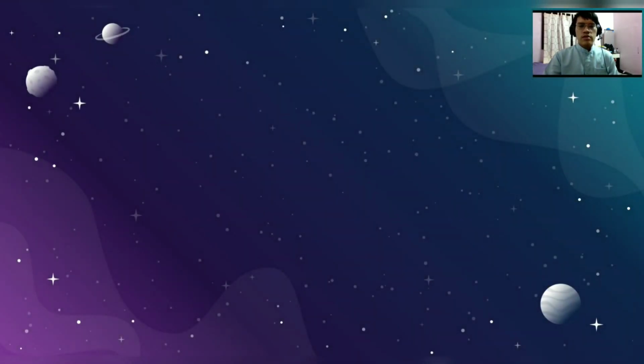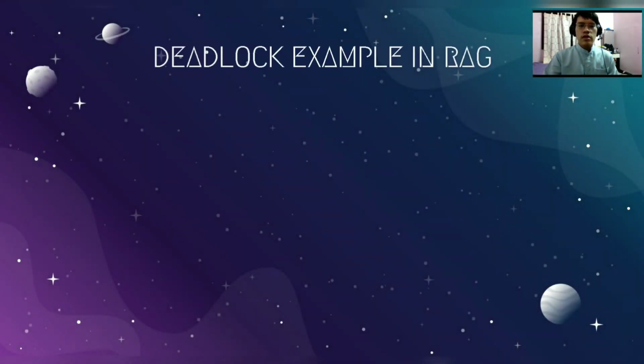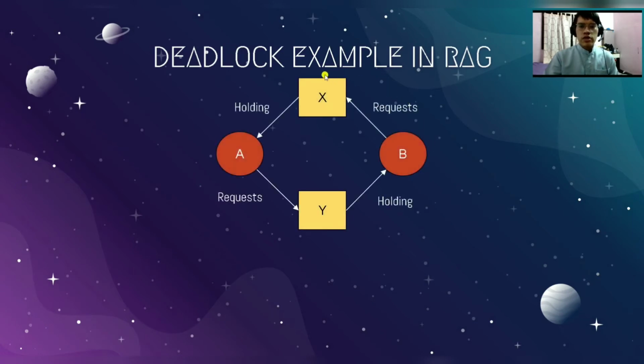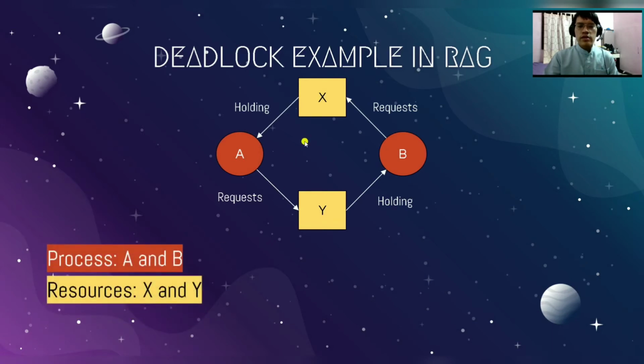Okay. So let's see how a deadlock can be represented in a RAG. So we got this graph where the resources are X and Y, and the processes are A and B. As we can see here, an arrow is directed from X to A, which means A is holding X, which is the assignment edge.